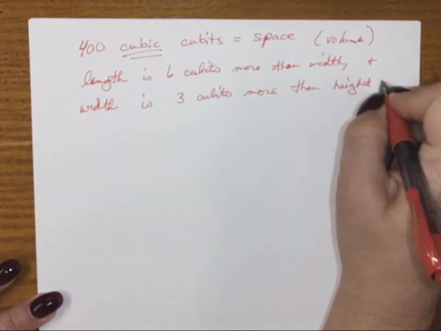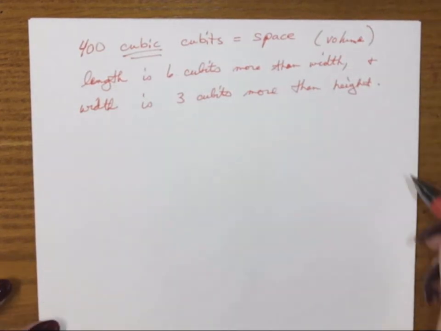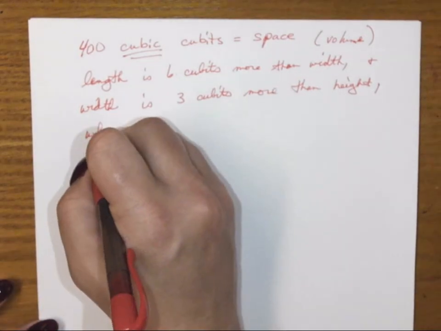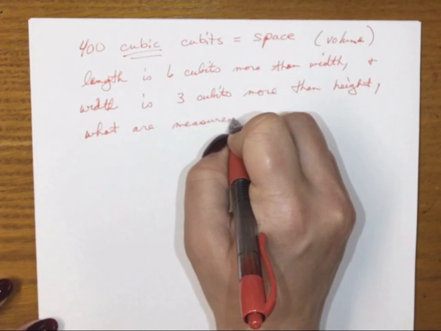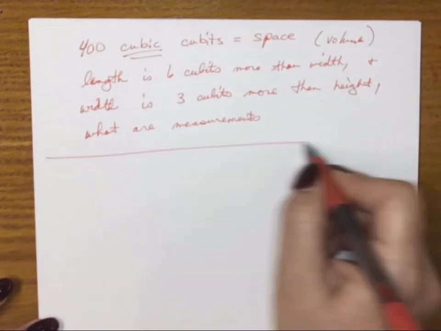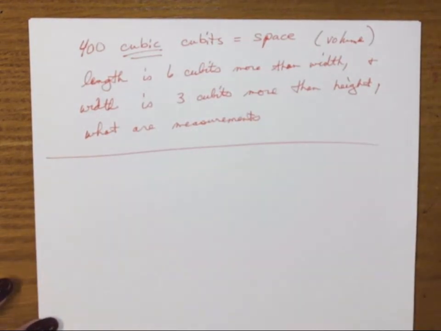This is old school language, right? Those cubits in there. Then what we want to know is, what are the measurements? And again, sometimes it's just a bit of the interpretation and making sure you read what they have and all that.